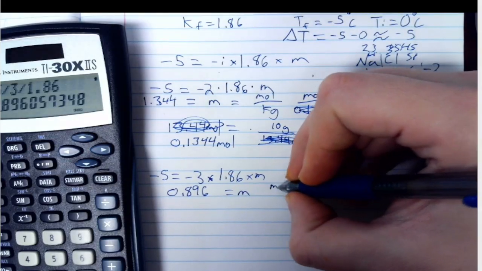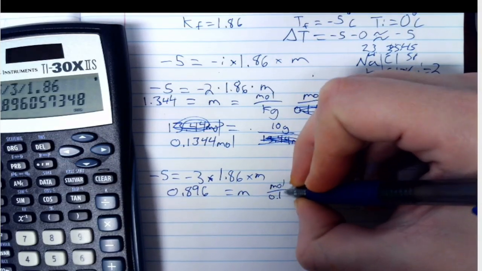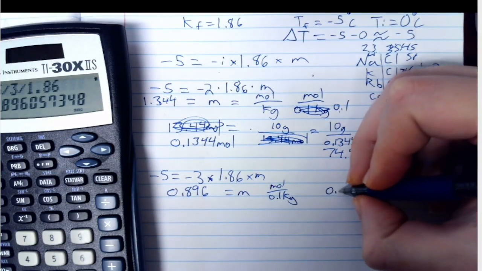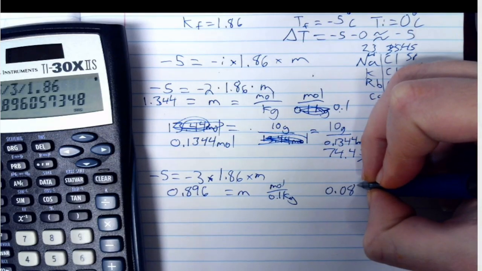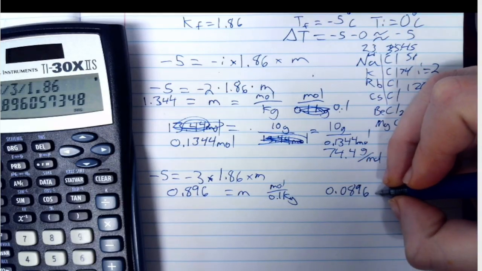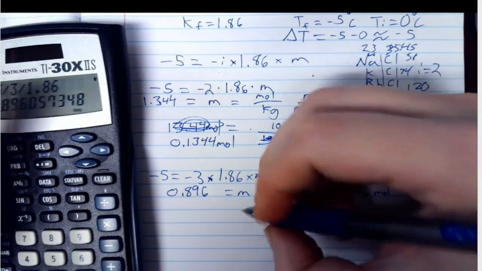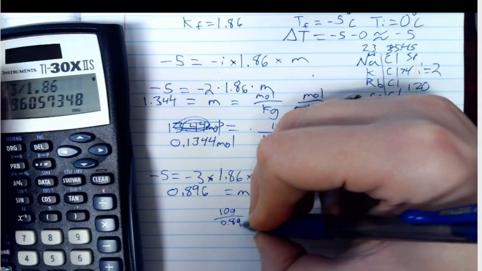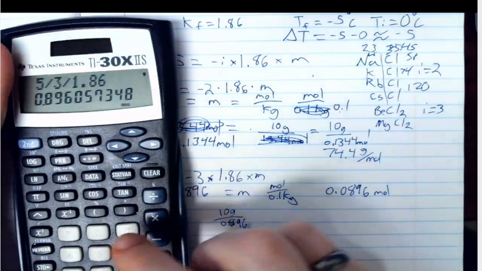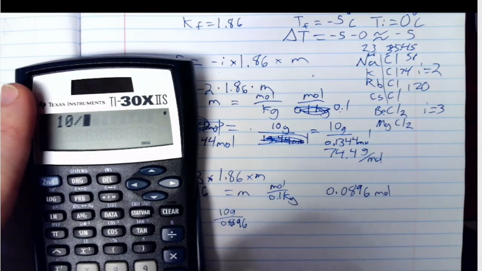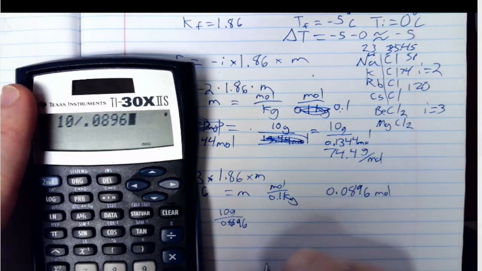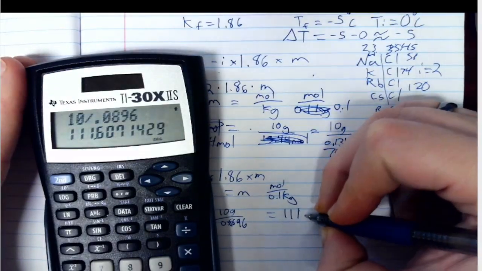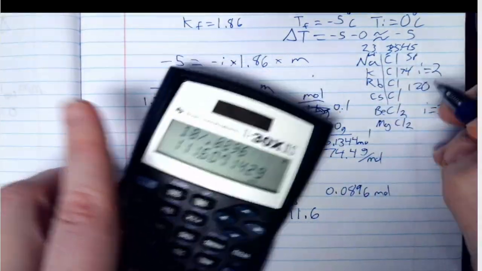And that's as moles per 0.1 kilogram. So that would mean my moles would have been 0.0896 moles, and 10 grams divided by 0.0896 would be a molar mass of something like 111.6.